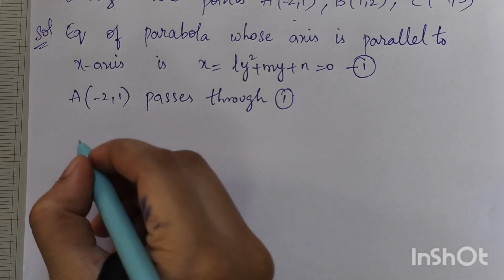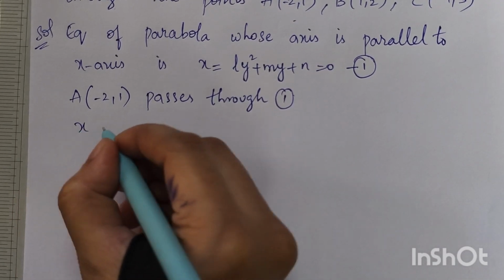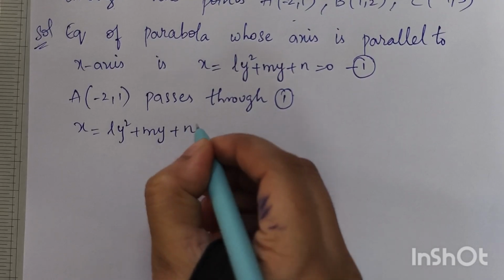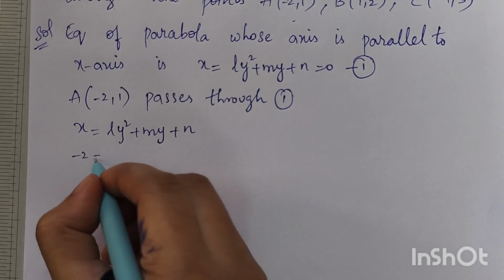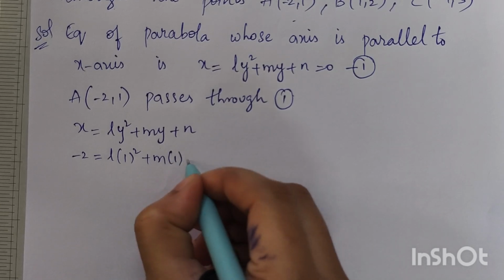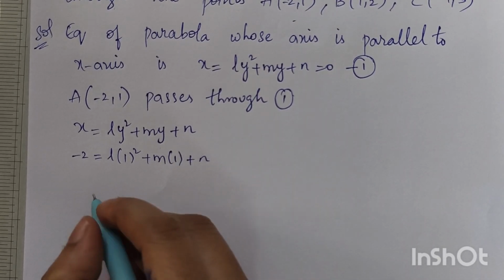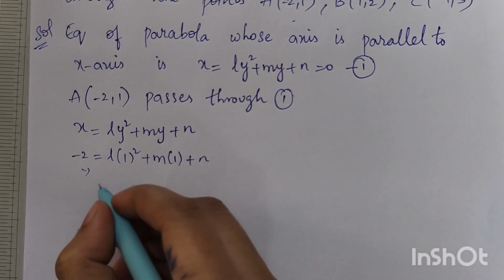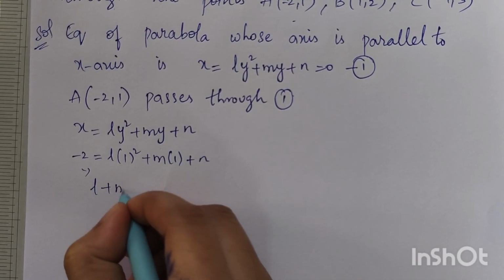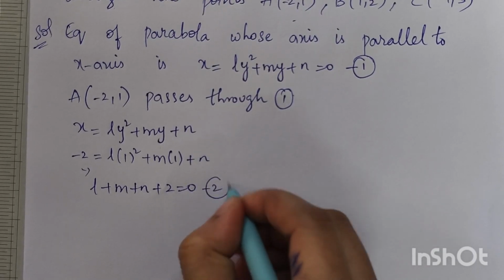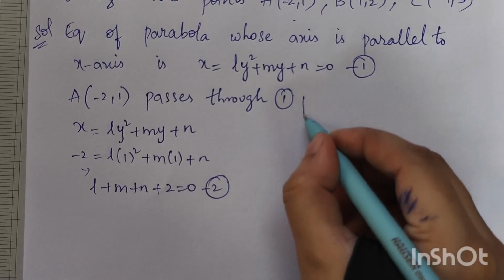So x = ly square + my + n, so it is -2 = l into 1 square + m into 1 + n. So bringing this -2 to that side, it is l + m + n + 2 = 0. Take it as equation 2.